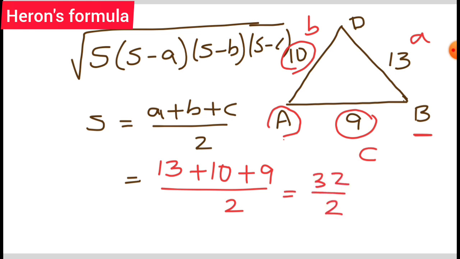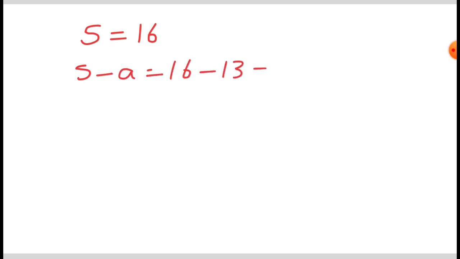After adding and dividing by 2, we will get 16, that is your s. s is 16 units, then s minus a, that is 16 minus 13, which gives 3. Then s minus b, that is 16 minus 10, which gives 6.